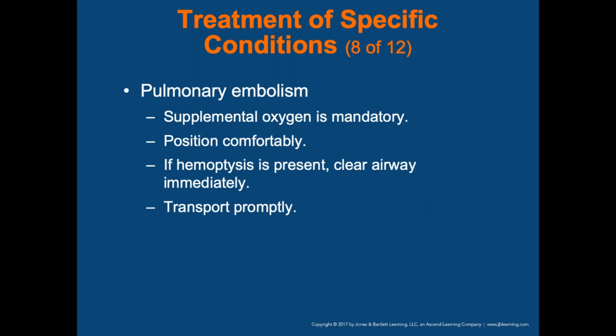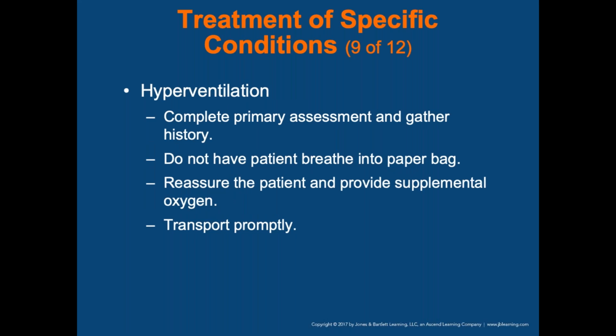A PE, a pulmonary embolus, supplemental oxygen is mandatory for these patients. Position comfortably. If hemoptysis is present, clear the airway immediately. As you can see, a lot of this stuff here is get them to the hospital. A PE is a surgical intervention to remove. Hyperventilation, complete primary assessment and gather the history. Why are they hyperventilating? What is the purpose behind it?